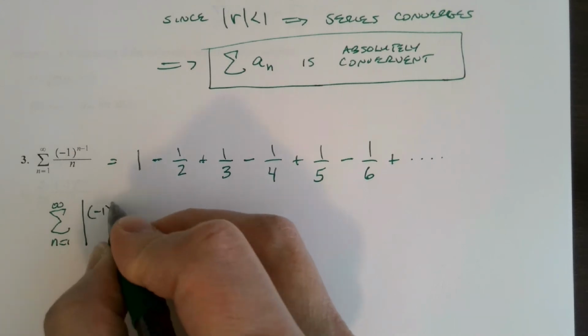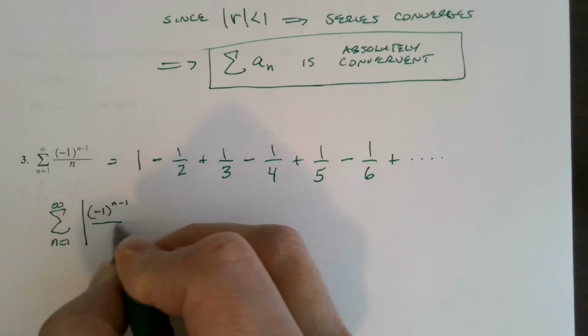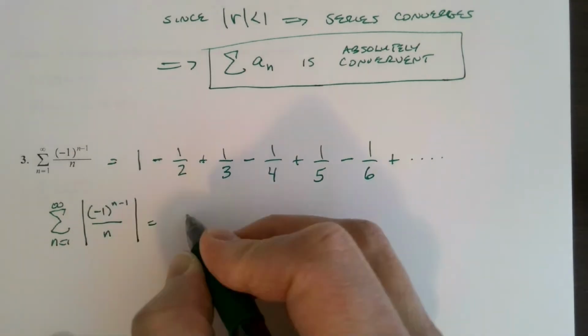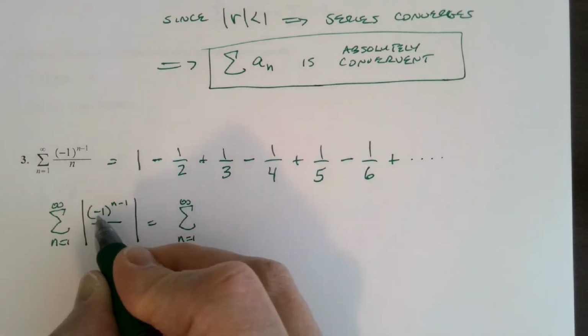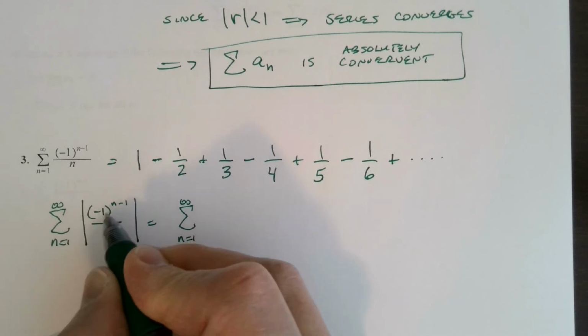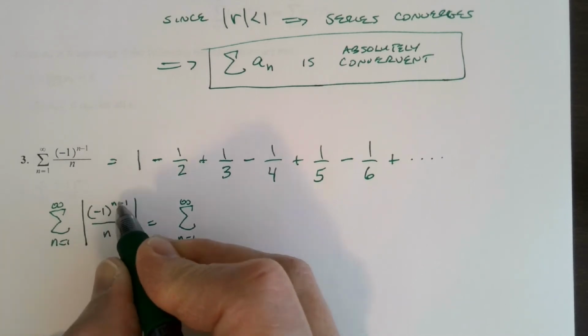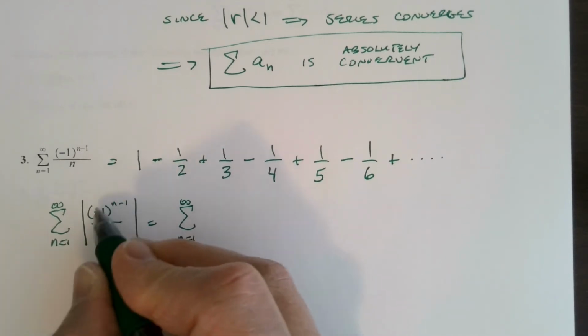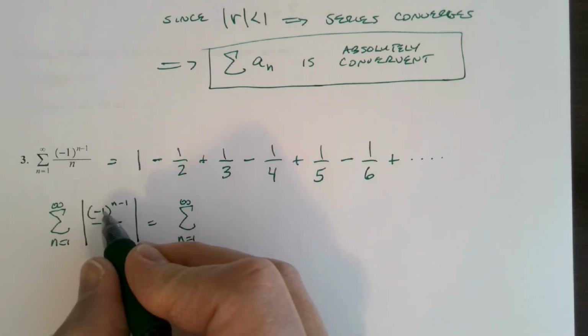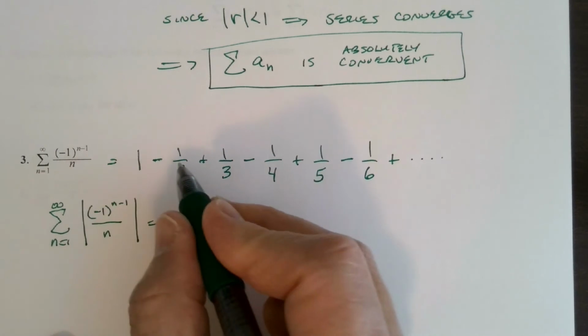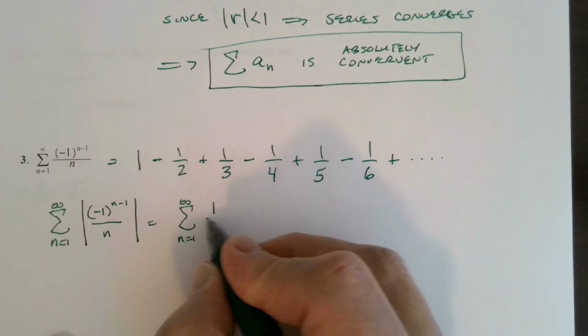And essentially when I do that, what's the net effect? This thing up here, negative 1 to the n minus 1, is either positive or negative 1. It's sometimes what I call a sign changer. Once I take the absolute value of that, though, it's always 1. No matter if it's negative 1 or positive 1, it's always 1, so it's always 1 over n.